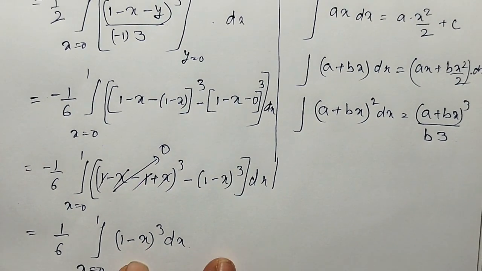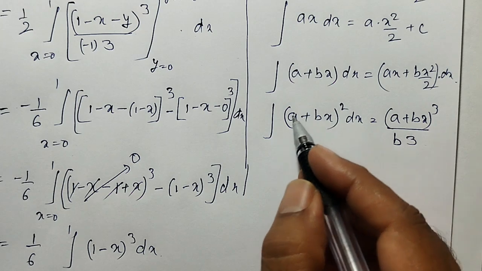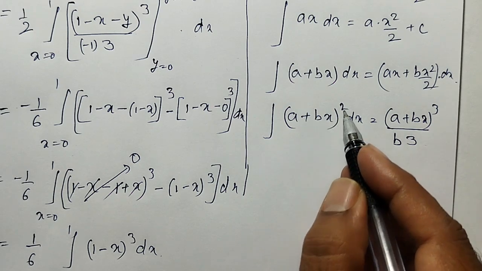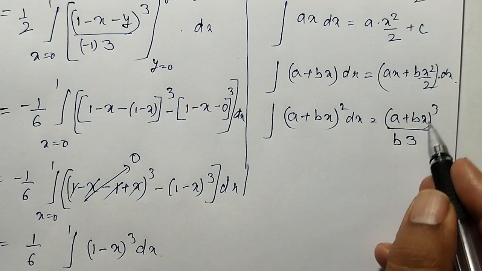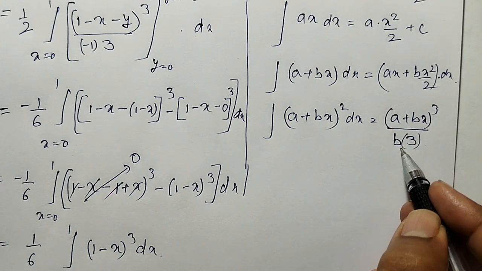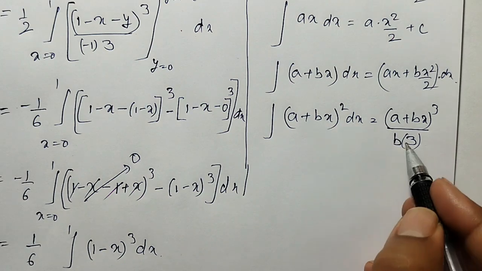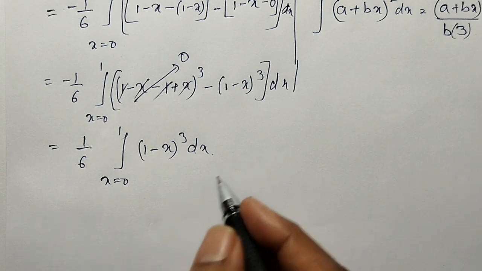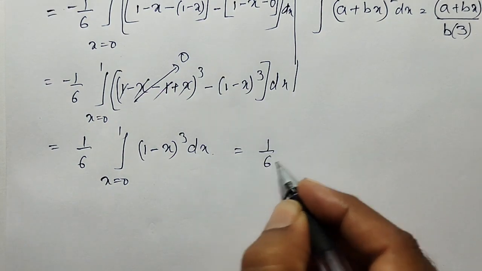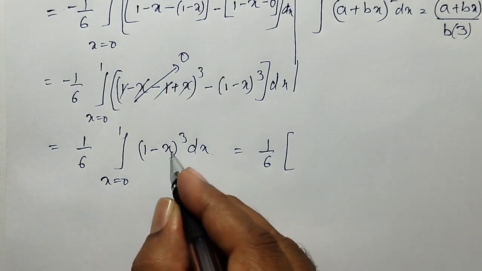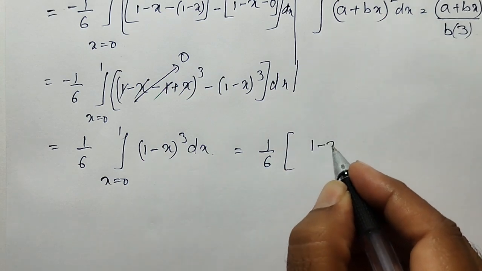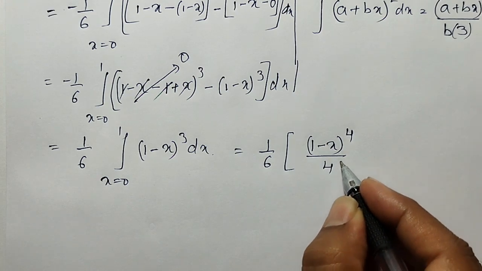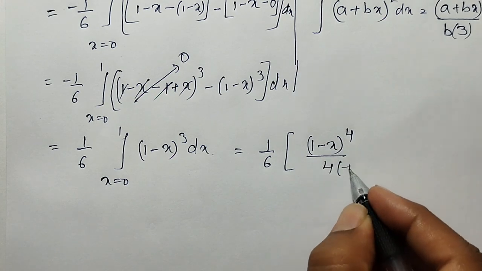To do this, again in this integration, I will use my trick of integration: (a plus bx) whole cube dx is nothing but the fourth power divided by 4 into the coefficient of x. That trick I will use, and I will integrate this one as 1 by 6 times integration of (1 minus x) bracket cube, which is nothing but (1 minus x) bracket raised to 4 divided by 4 into the coefficient of x, which is minus 1.